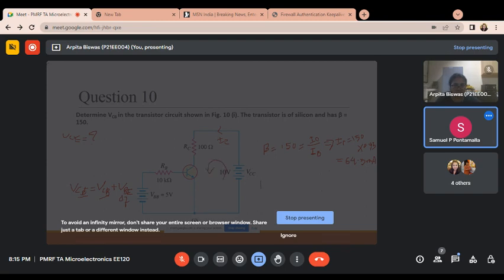So 10 minus 3.55 volts. Yes, 3.55 volts. Then what is the value of VCB?